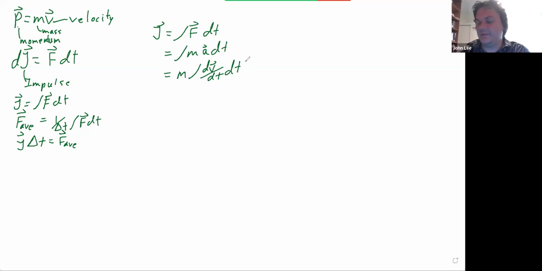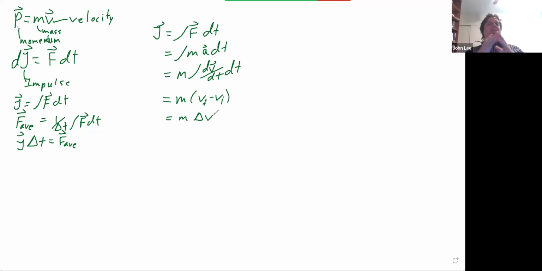This is kind of the fundamental theorem of calculus, where if you take a derivative of some function and integrate that function, then you're just going to find the original function that you had before, evaluated from your point A to point B. So this is equal to m times v final minus v initial, equals m delta v.